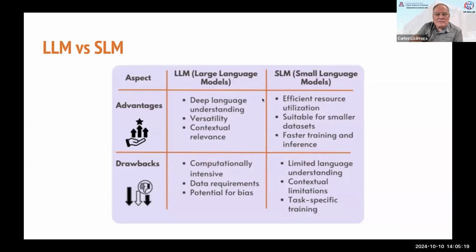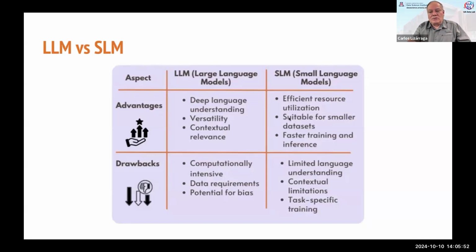For example, in the large language models, you have a system that understands almost all the texts and instructions, and it's also versatile, and has contextual relevance, because it has all these vector spaces where it can find all the different topics clustered around specific domains.